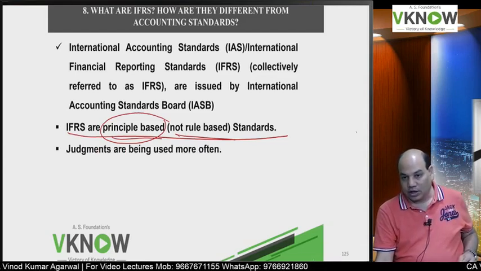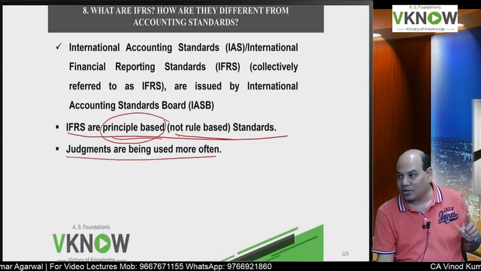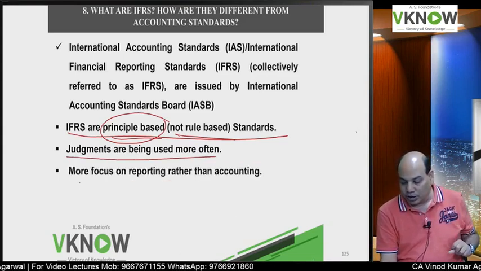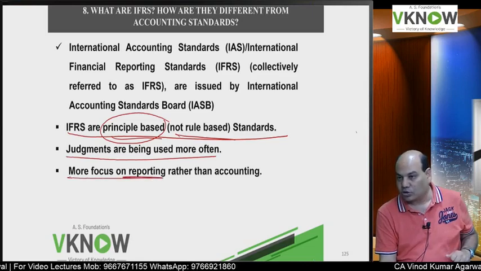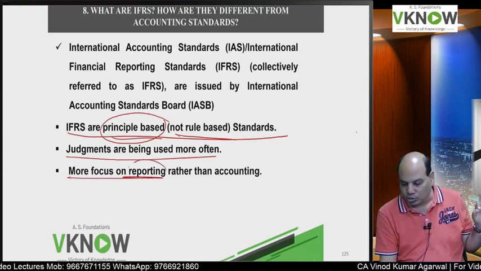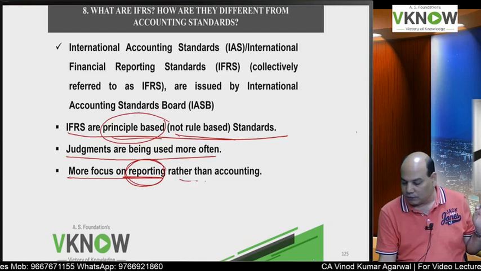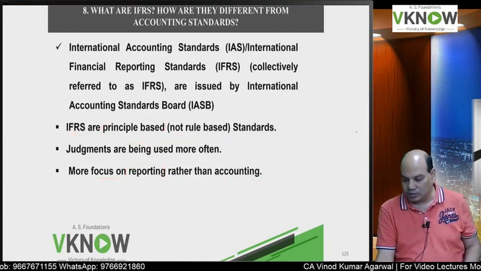In IFRS there are more judgments. In US GAAP there is less judgment. Then IFRS is more focused on reporting, because the purpose is that the financial statement should be used by the investor to make investment decisions. The focus is not on accounting.